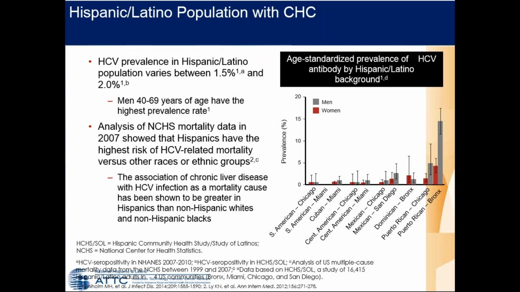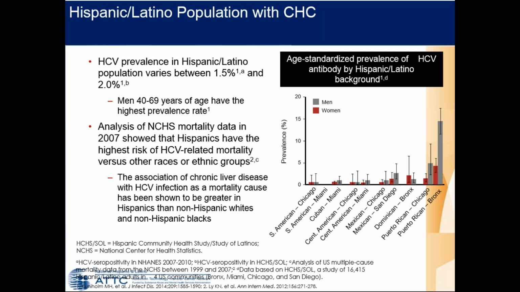And you can see also a higher prevalence of Puerto Rican women in the Bronx. In Chicago, a higher prevalence of Puerto Ricans and Dominicans, people from the Dominican Republic. If you look, for example, at Miami, you can see that there is a little bit higher prevalence of Cubans.